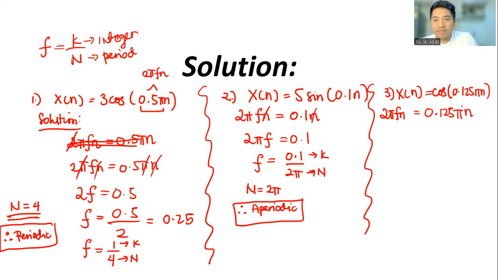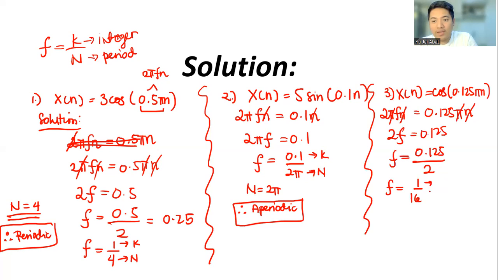As we can see, the pi n will cancel. So we have 2f, twice the frequency, all over 0.25. So divide both sides by 2, so we have 0.125 all over 2, which is what? If you evaluate that, that will be 1 all over 16 in fractional form. So this is your k, and this is your fundamental period.